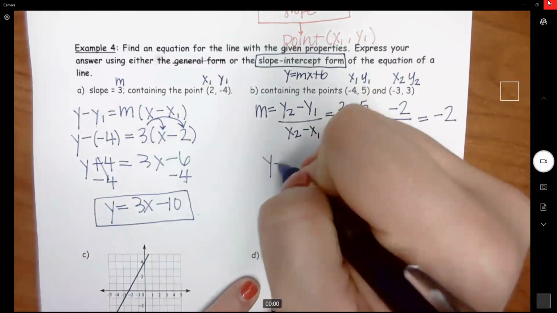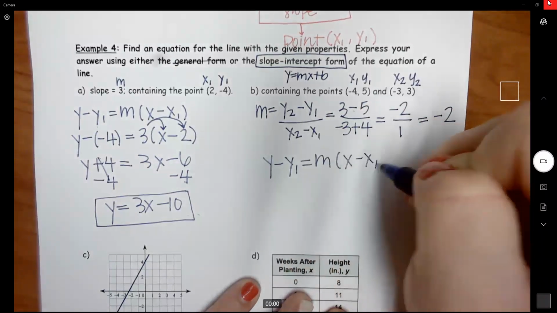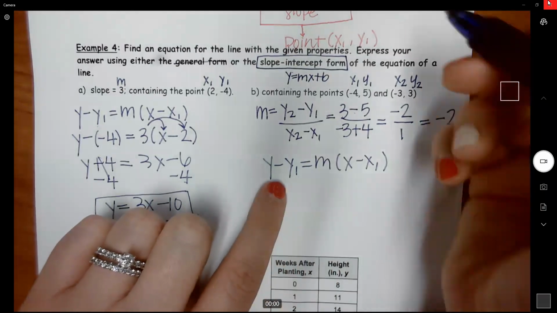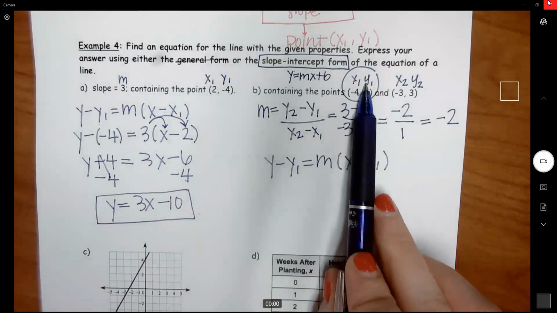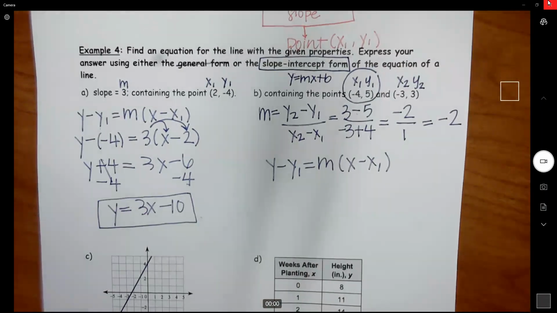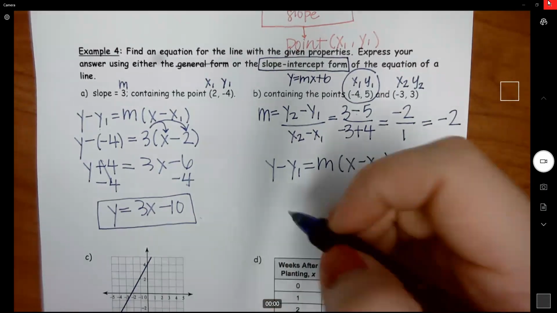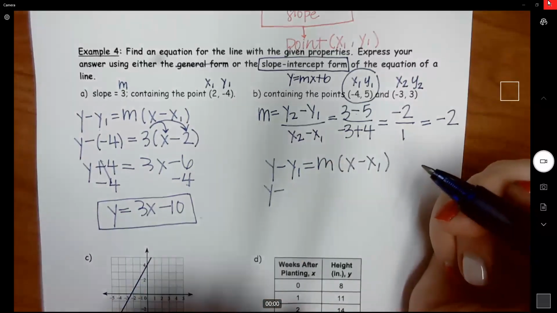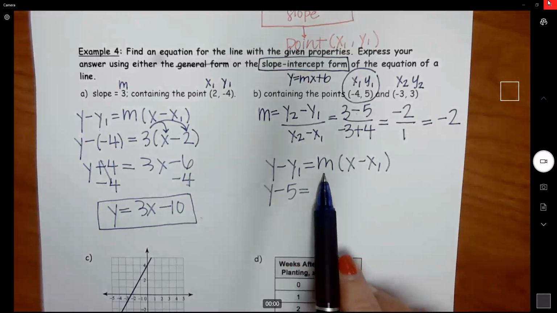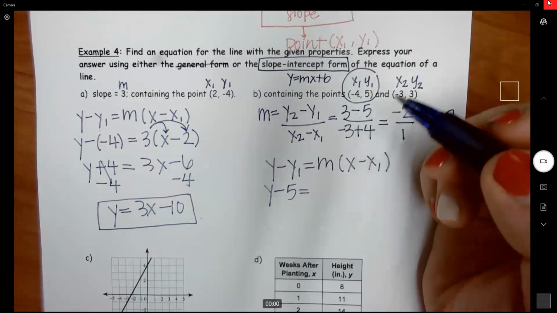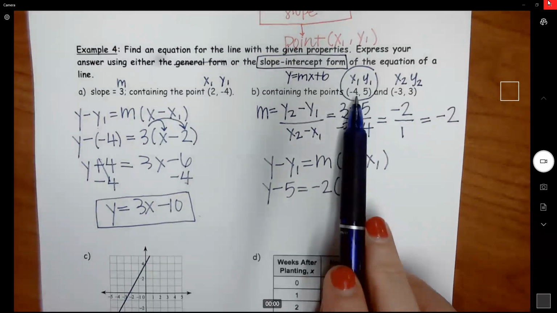Because my formula says y minus y1 equals m times x minus x1, I'm going to use this point here because it already is labeled x1, y1. But I could use this point instead if I would like. So let's substitute in: y minus y1, my y1 is 5, equals my slope we found to be -2, times x minus x1, which is -4.